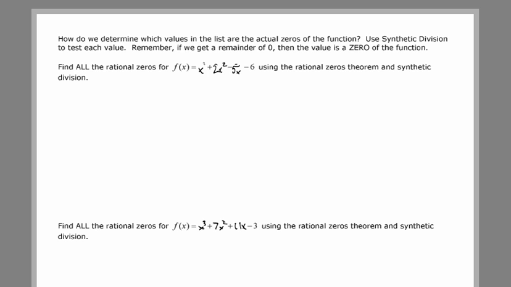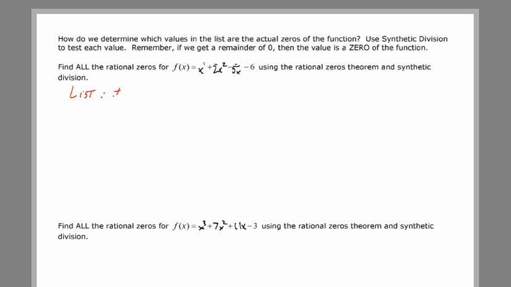So if you're given a list, how do we determine which values in the list are actual zeros of the function? We'll use synthetic division to test each value, and what we're looking for is a remainder of 0. If we find a remainder of 0, then that value is a 0. So let's play this game with this function here. Let's work on getting that list.